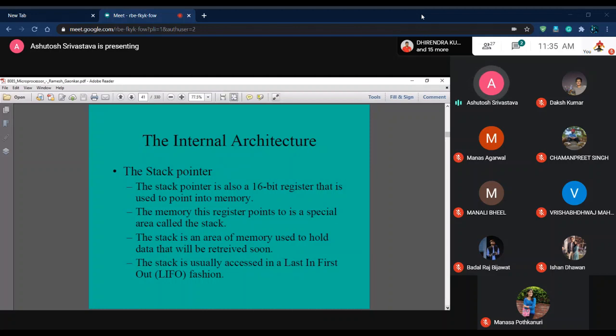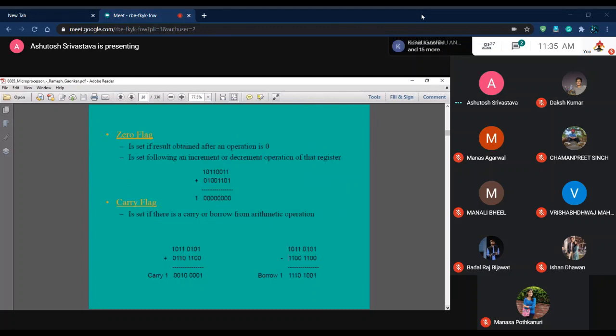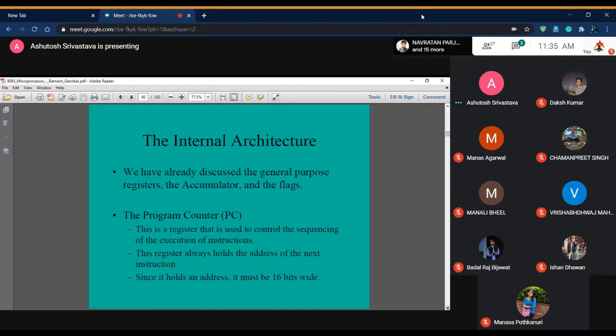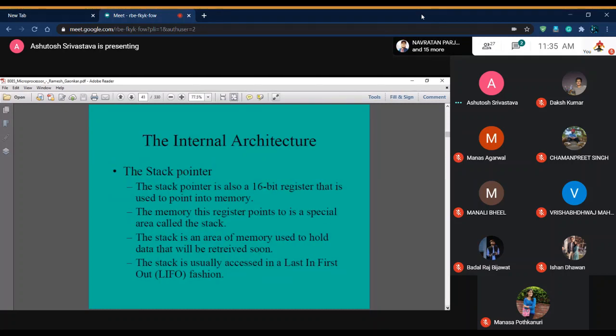Then we also talk of the stack pointer. So what is a stack pointer? The stack pointer is a 16-bit register that is used to point into the RAM memory.